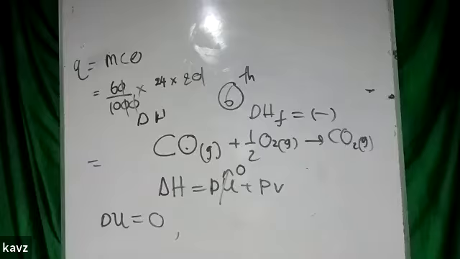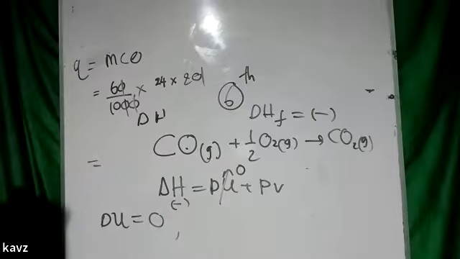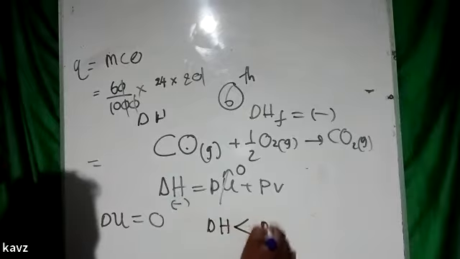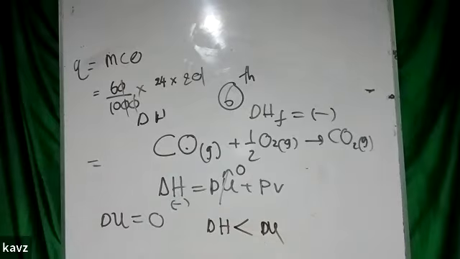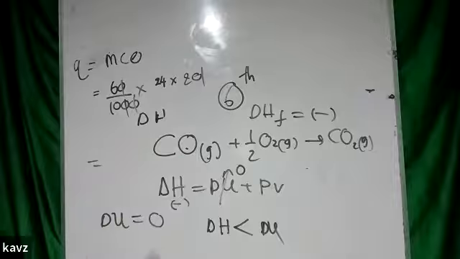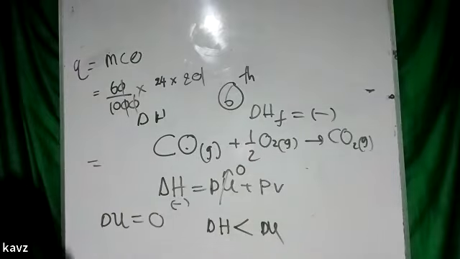So I know delta U is zero and delta H is negative, so the delta H should be lower than delta U. But they have not given the enthalpy change of formation, so there is a problem. But to my knowledge, I think B is correct, but I feel C is also correct. That is the problem here. So what is the answer?